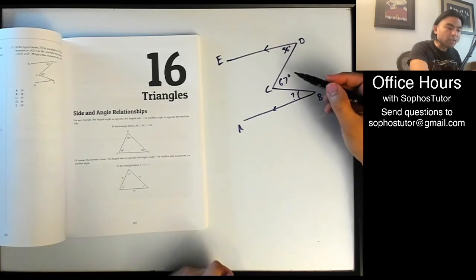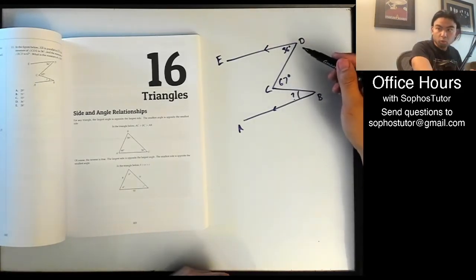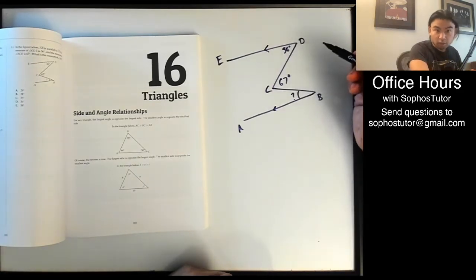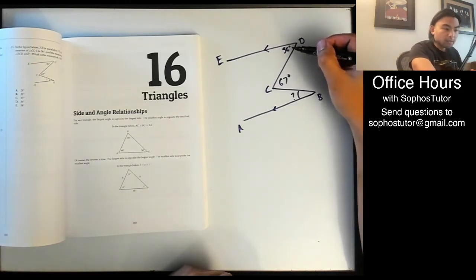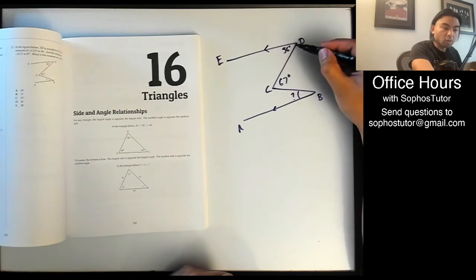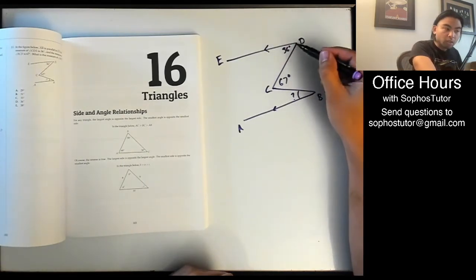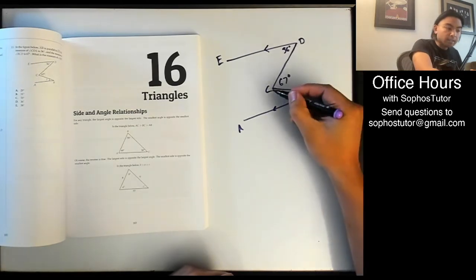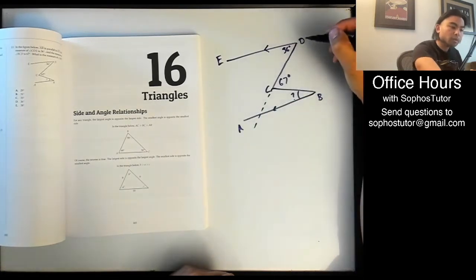That is, we might need to extend one of these lines in order to create a second intersection. My instinct right now is to exploit this 36-degree angle since it shares a ray with one of the parallel lines. So it makes me want to extend the other ray and see if it can hit the other parallel line. Indeed, we can extend it, like so.